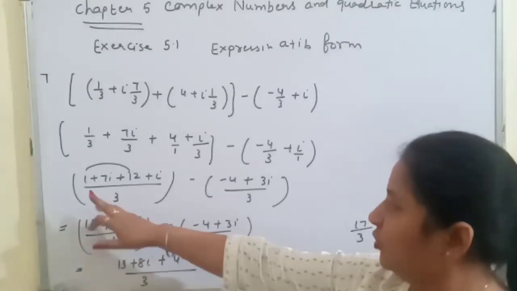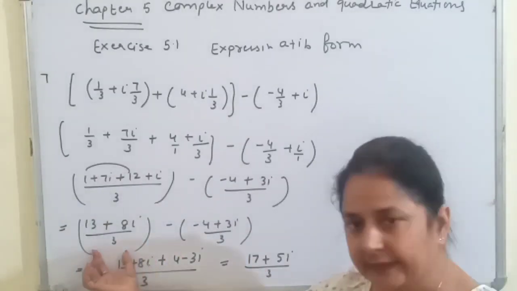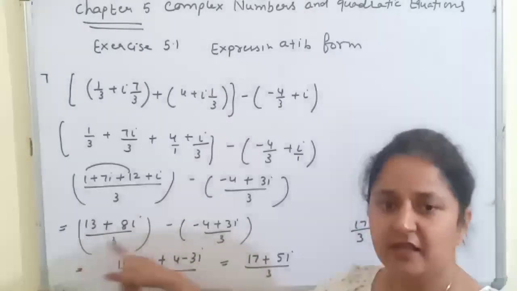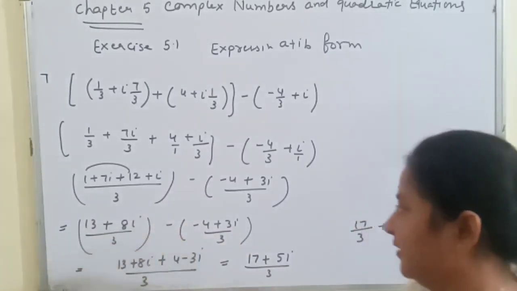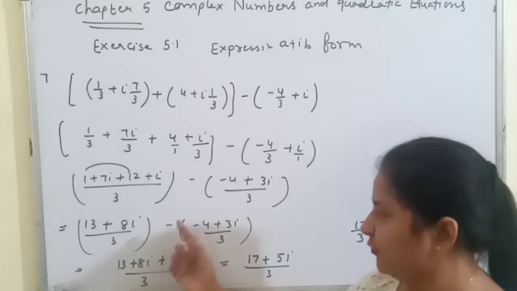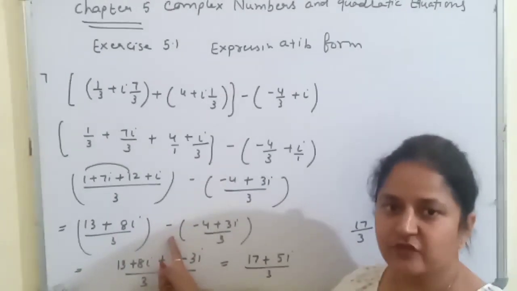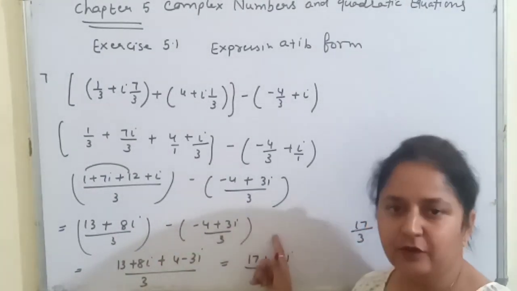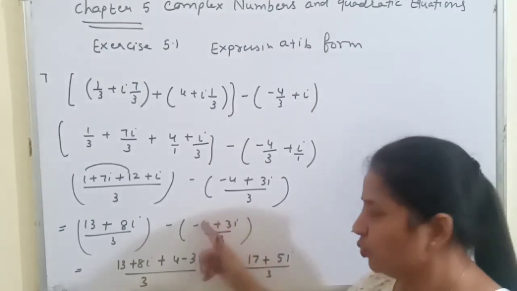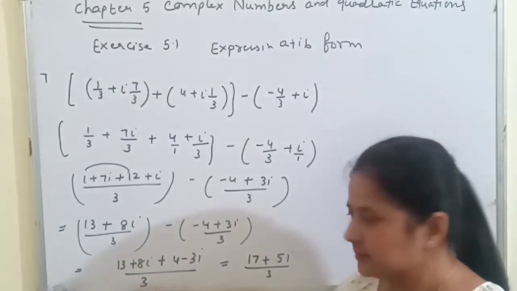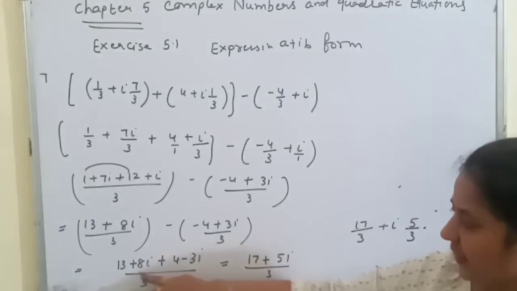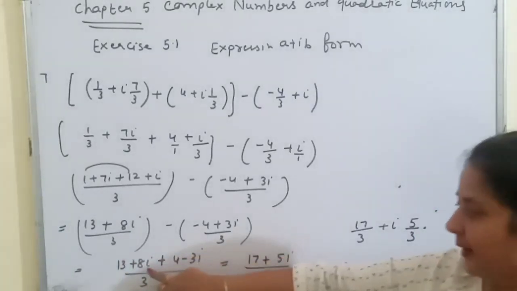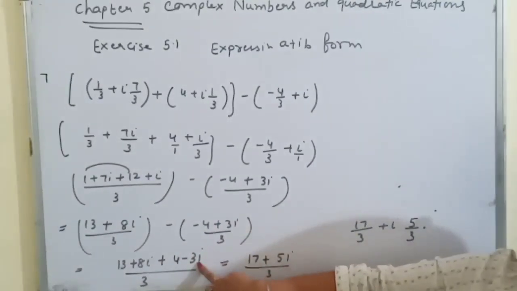LCM is 3 here. Solve the equations, collect the like terms, real number added with the real, imaginary with the imaginary. On the other part, before the bracket there is a negative sign, so we will change the values for the next two terms. After solving it by taking the LCM, you just add the real number with the real number and imaginary number with the imaginary number.